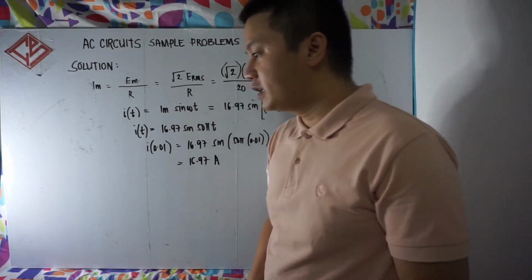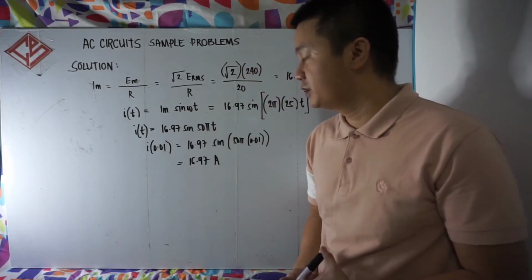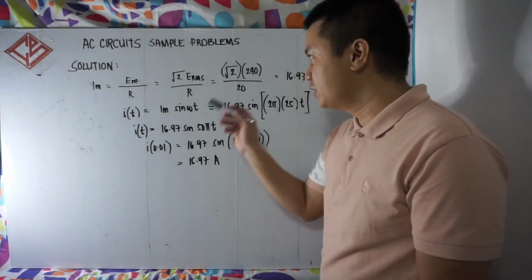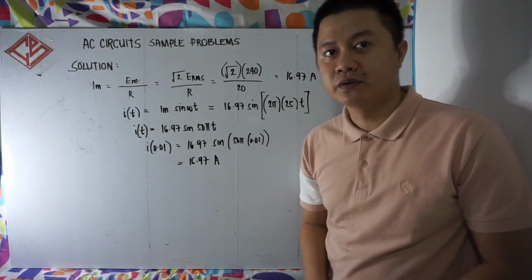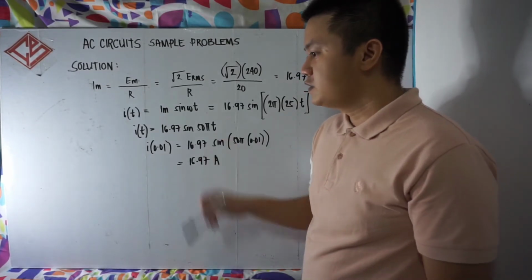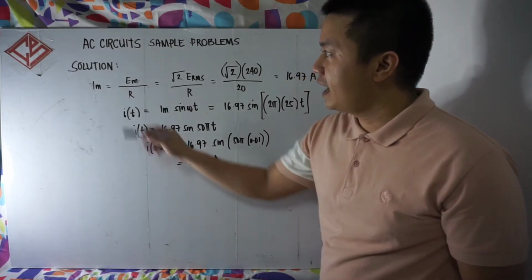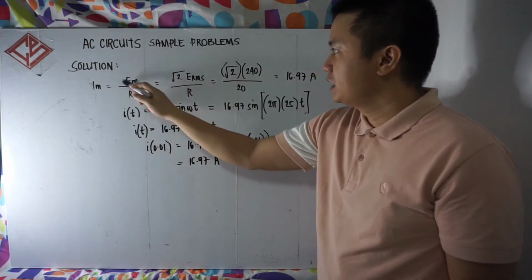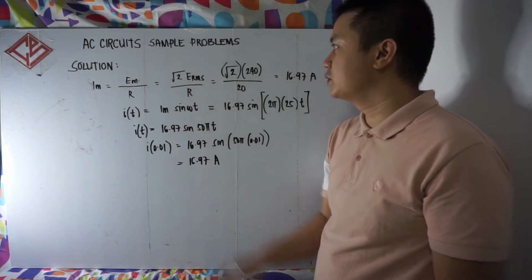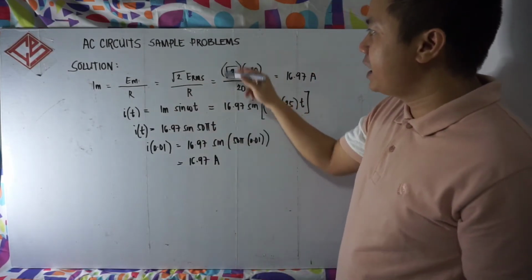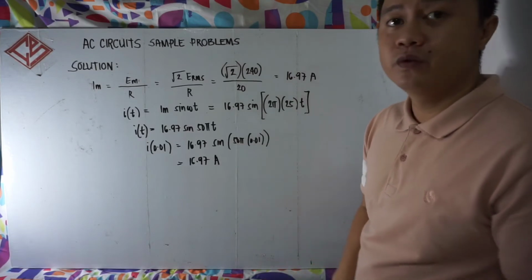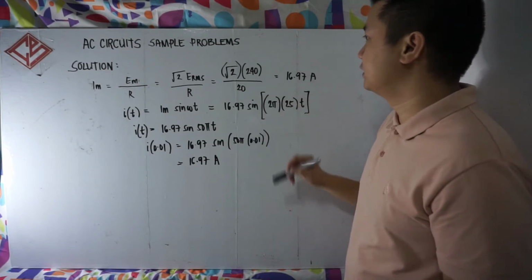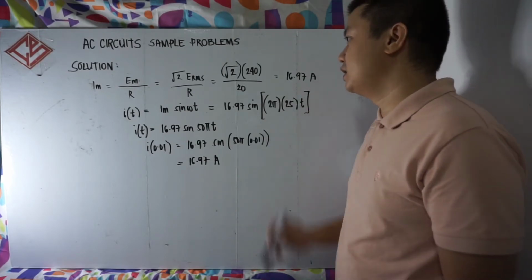Given 240 volts at 25 hertz, take note that that 240 volt is an RMS value. Since you're given an RMS, and we know that Im is equal to Em, or E maximum, over R, and the maximum voltage is just equal to square root of 2 times the RMS. Applying the formula, you get square root of 2 times 240 over 20. So you will get 16.97 amperes. That is your maximum value of your current.